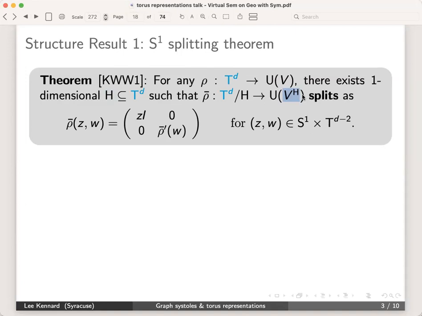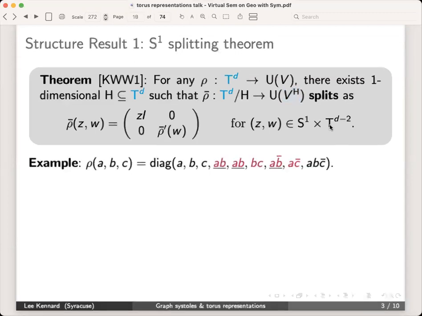You can cut down the dimension of the vector space enough so that the induced action splits in this sense. So the torus, of course, splits abstractly, but you can split it in such a way that the Z component only acts here, and then the other components only act here. And in particular, you can see immediately, if you look at the fixed point sets of the circle and the torus, they intersect transversely. That's for the geometric application.